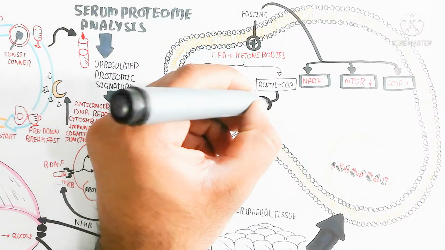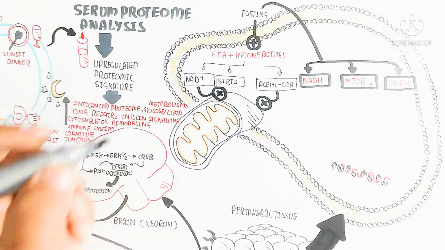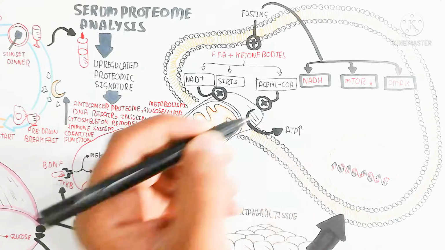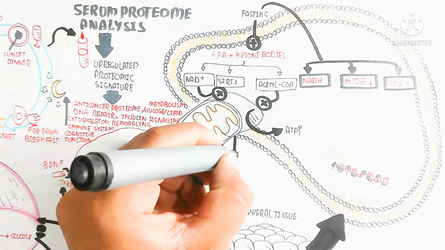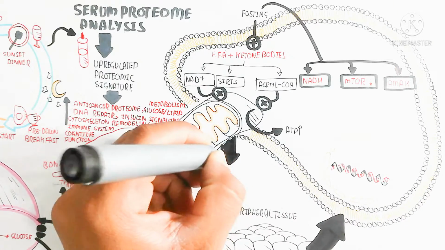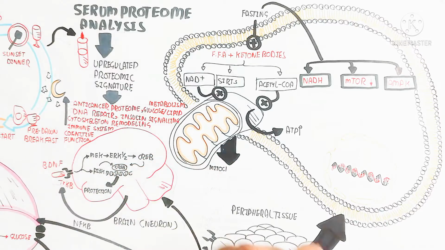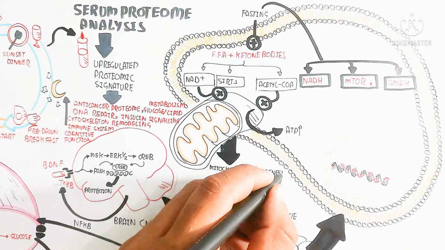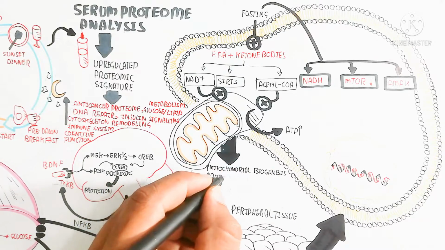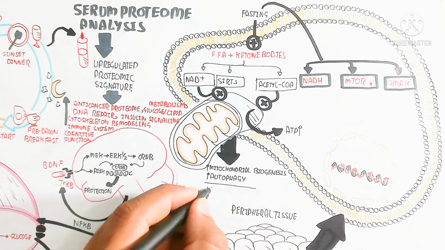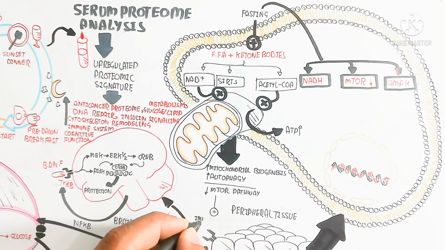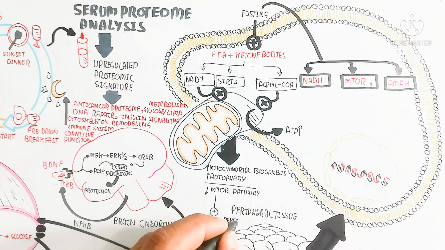On the other hand, NAD plus increases, so the SIRT1 and SIRT2 pathway will increase through the NAD plus increase, and acetyl-CoA will increase through ketone bodies and free fatty acid, which will lead to increased ATP through mitochondrial oxidative phosphorylation. And on the other hand, mitochondrial biogenesis and autophagy will increase due to the decrease of the mTOR pathway.